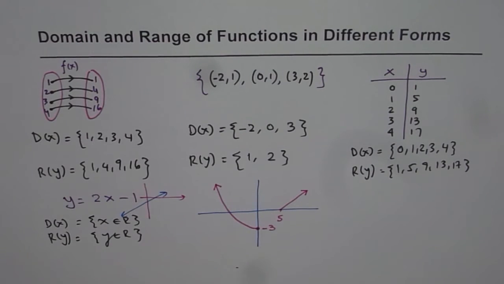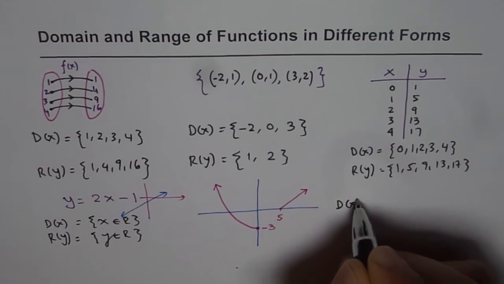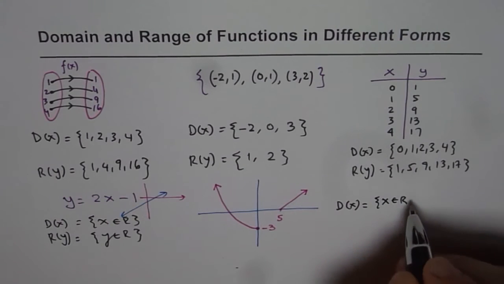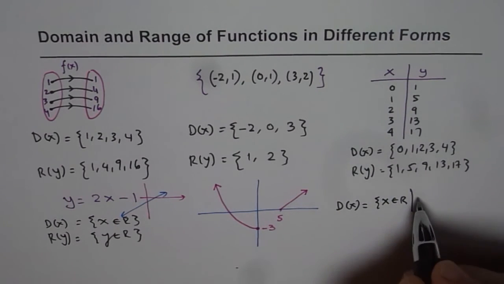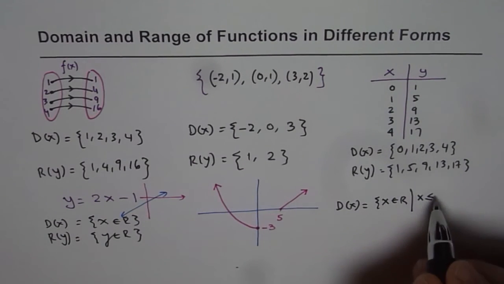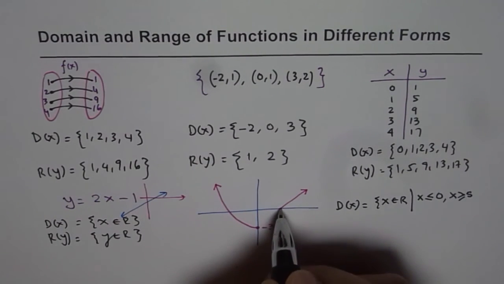Now in this function, domain is set of all real numbers except for the numbers between 0 and 5, right? So we can write domain is equal to x belongs to real numbers where x is less than or equal to 0, since this point is included, and x is greater than or equal to 5, including this point.